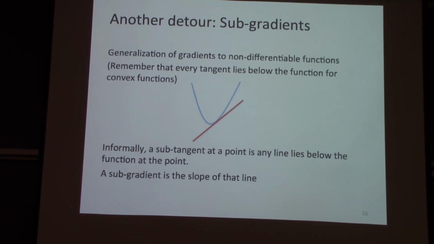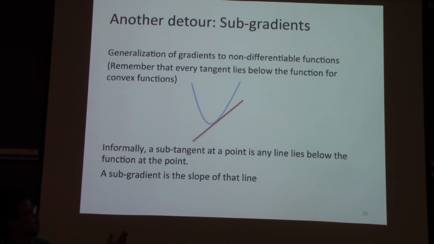If the function is not smooth and not differentiable, we can still define the subgradient by saying that if we can find a tangent that lies entirely below the function, then the slope of that line is a subgradient. This picture only shows the 1D case.